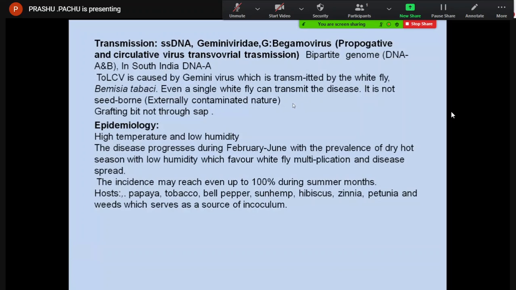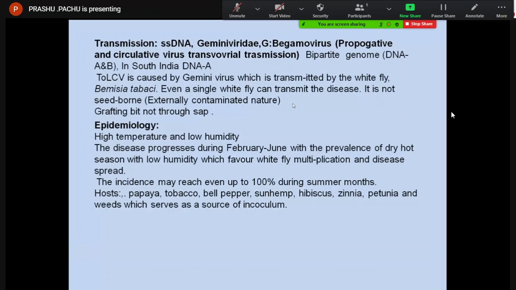Then we can also use some systemic insecticides like dimethoate, pyridon, acephate. These are very good systemic insecticides for managing the whiteflies. Then yellow sticky traps are very important for trapping the whiteflies.